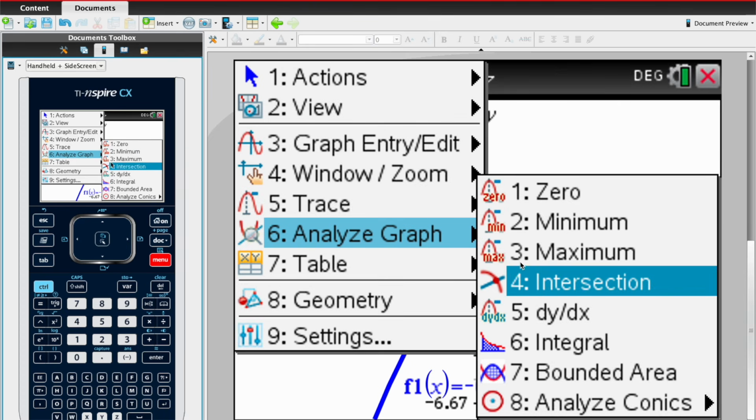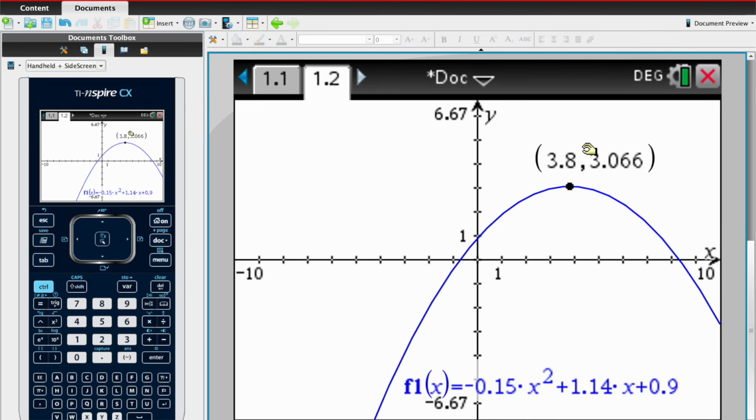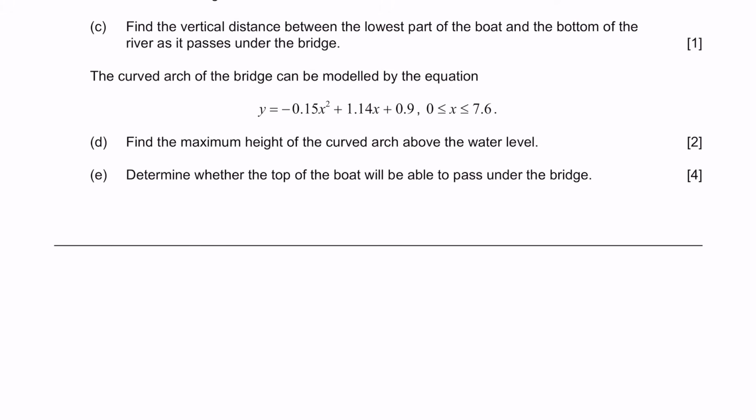Analyze graph, let's find the maximum. And here we go. The maximum occurs right at the center of 3.8, and the height of this arch is 3.066, or 3.07. So let's go ahead and write this out. So D, I'm going to actually sketch this because it's a 2-mark question, and just to be mindful of process.